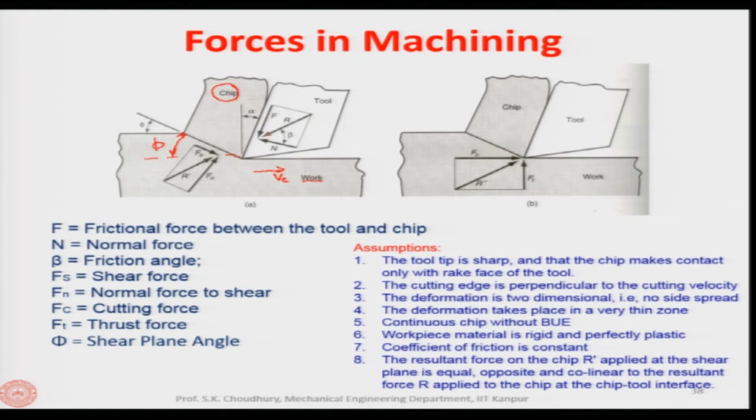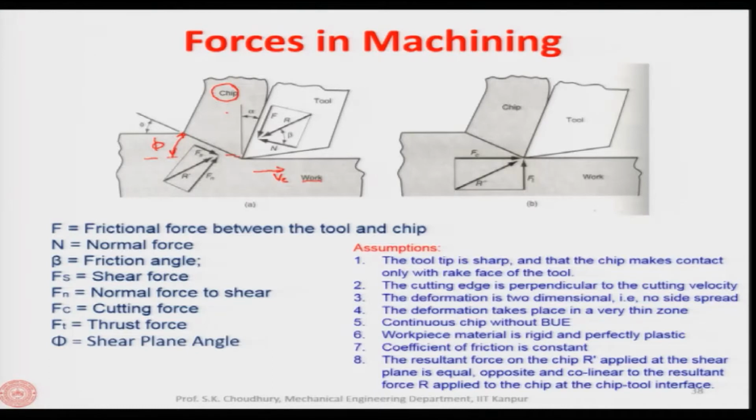In other words, they have to be equal, opposite and collinear. Only then can the chip as a lump body move at a constant velocity over the rake face of the tool. I hope this is clear.